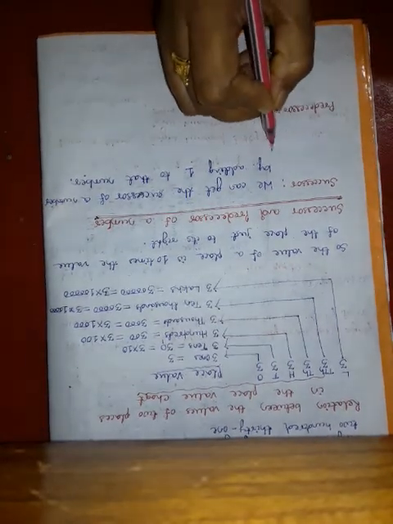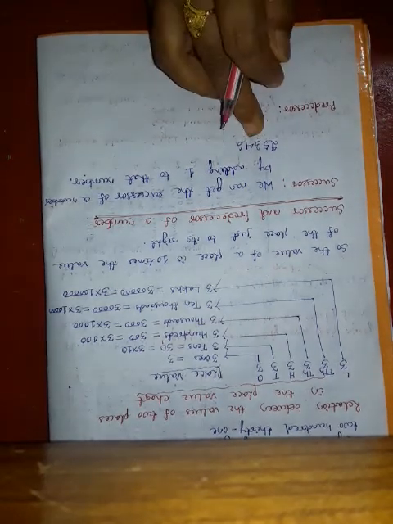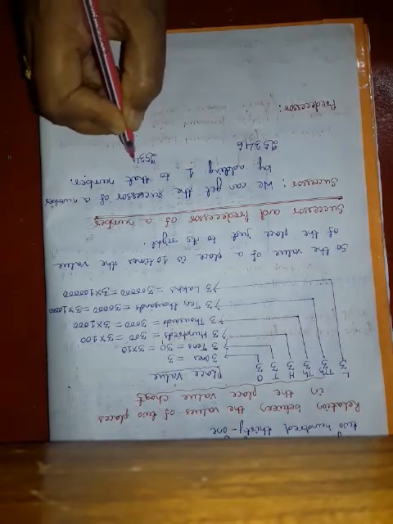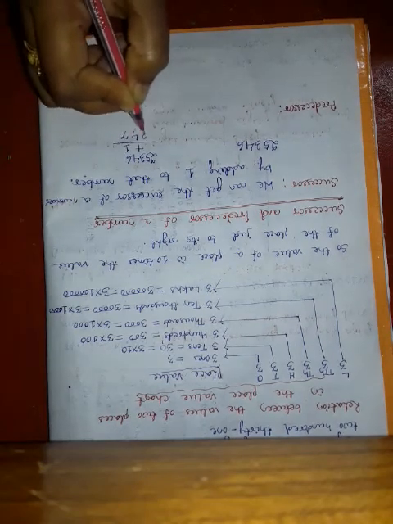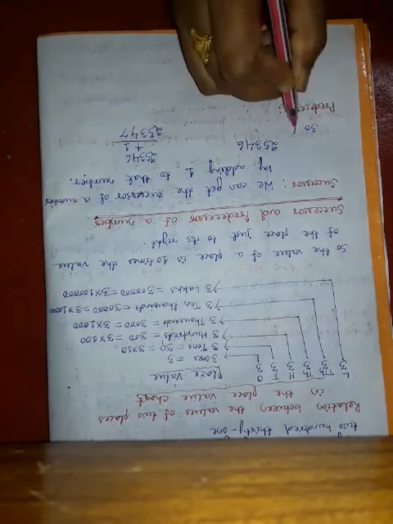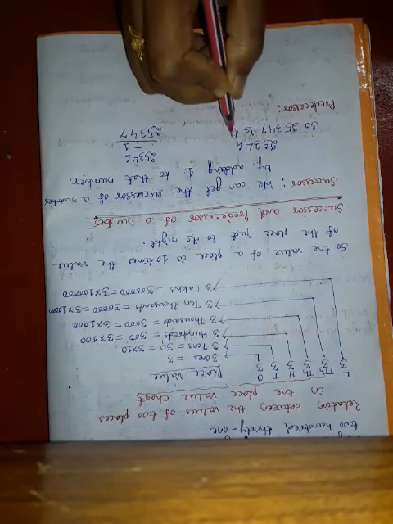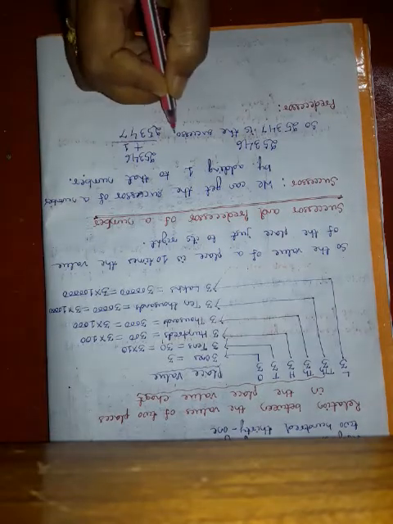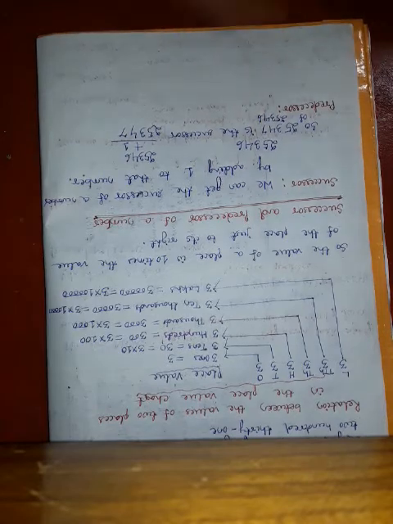Let us take an example: 25346. What is the successor of this number? Let's add 1. 25346 plus 1 equals 25347. So 25347 is the successor of 25346.